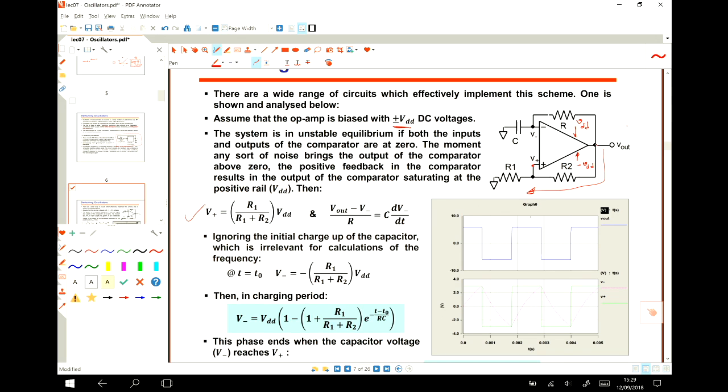And then for the voltage of the negative path, you can also write down the current which is going into this line and the current which is coming into this. If you equalize these two, then the voltage at the negative feedback comes from this formula.